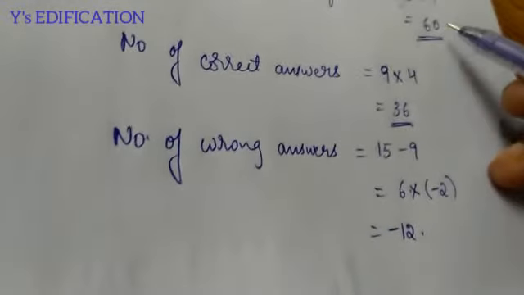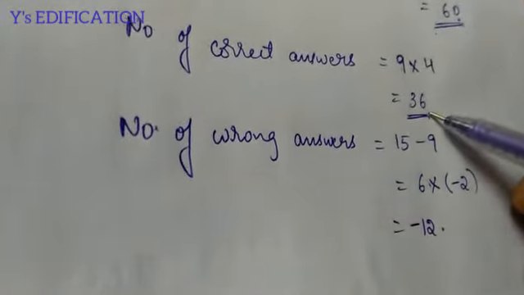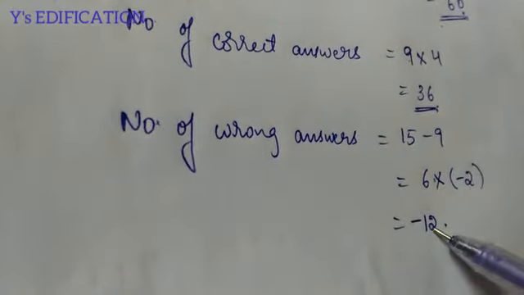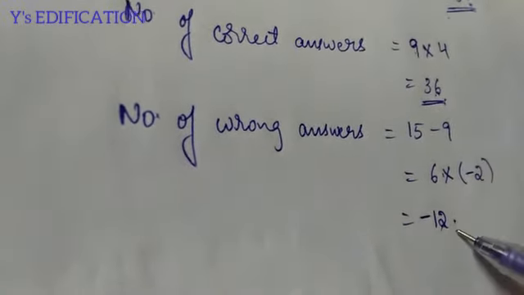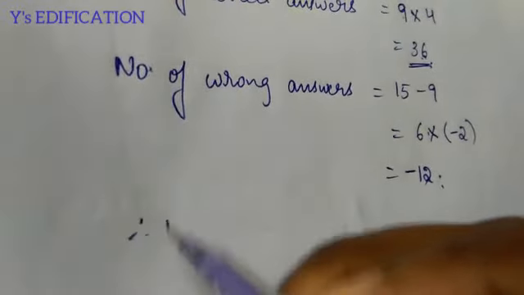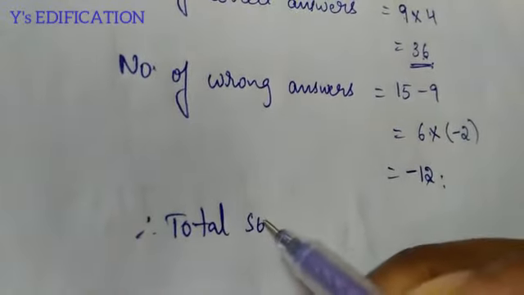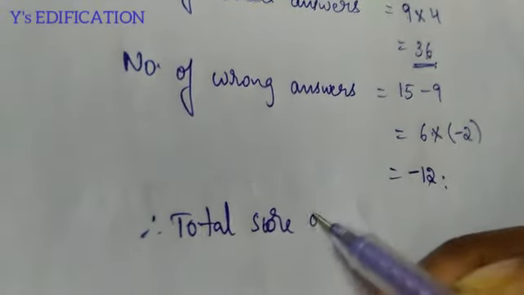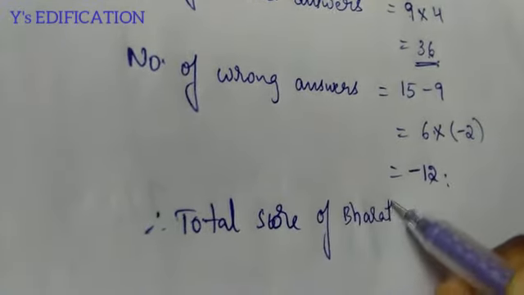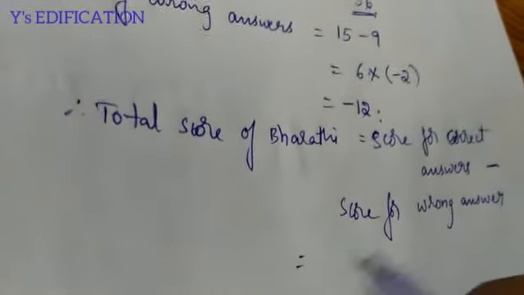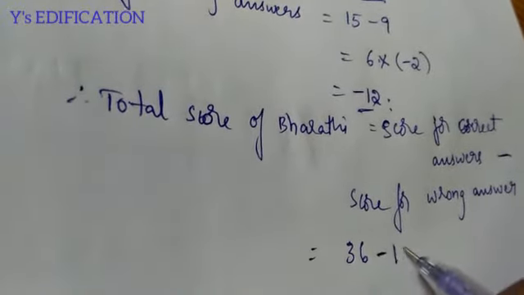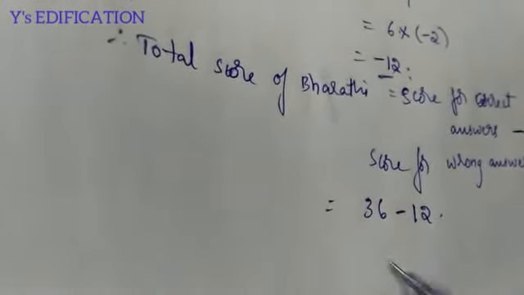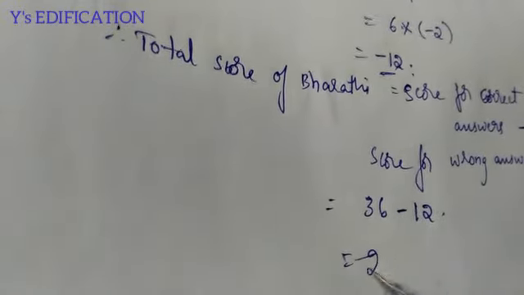Out of 60 marks, she got 36 for right answers, but minus 12 will be deducted from the result. So what we have to do is 36 minus 12. Total score of Bharti: she got 36, and the score for the wrong answers is minus 12, so we reduce 12 from her score. 36 minus 12 is 24.